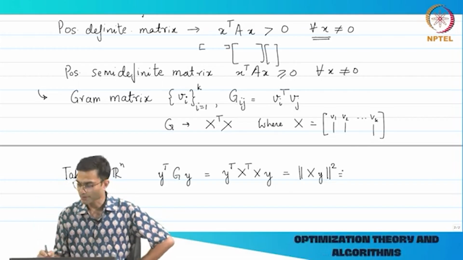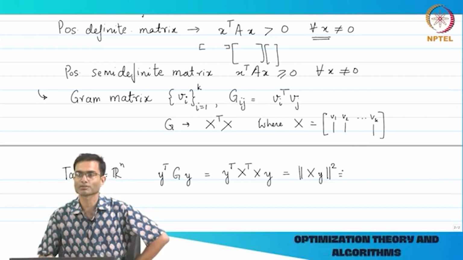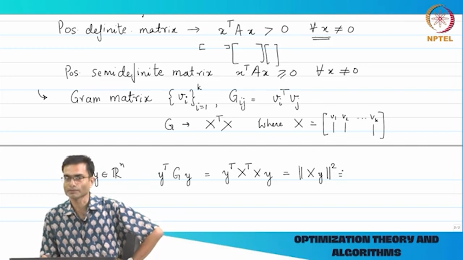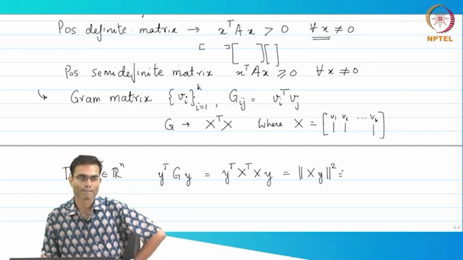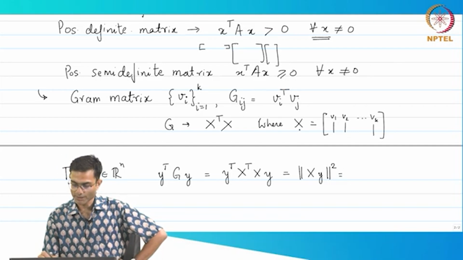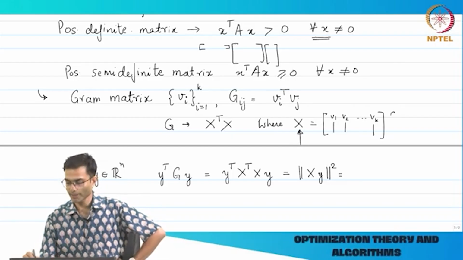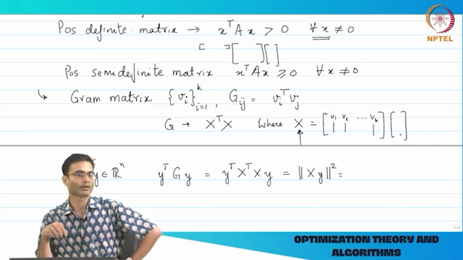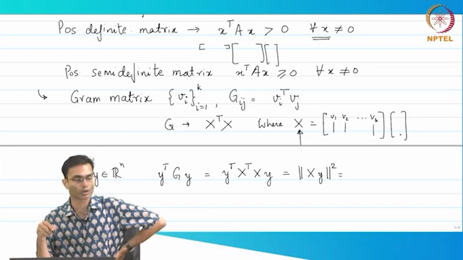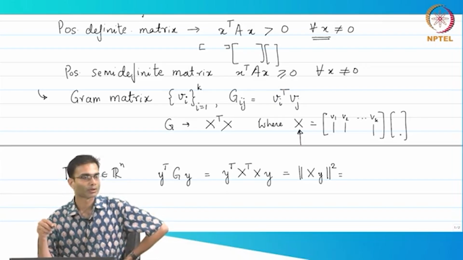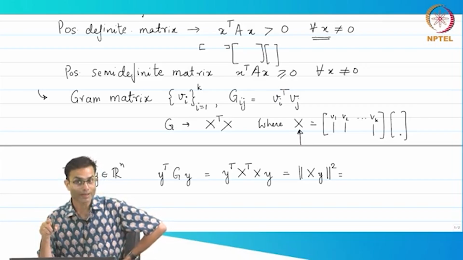So can I simplify this further? Can I open up this norm squared? What would it look like? Visualize x in this form over here, and this is getting multiplied by a vector y. What would this summation open up to? I mean, what would this norm squared open up to? y1 v1, right? Exactly.